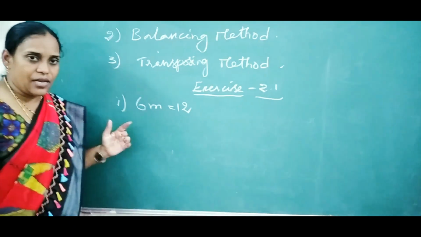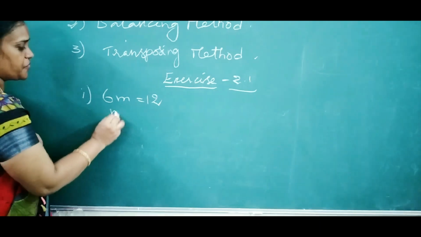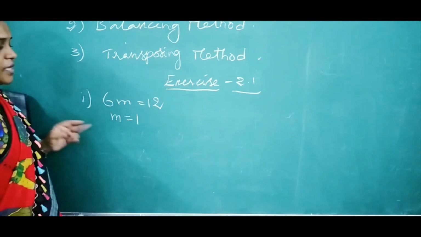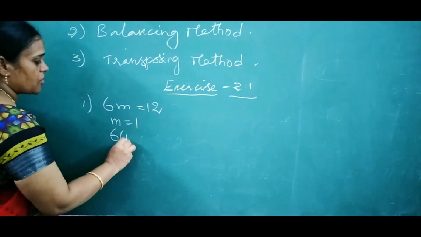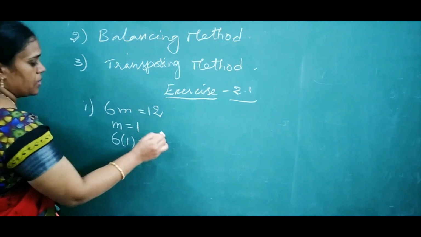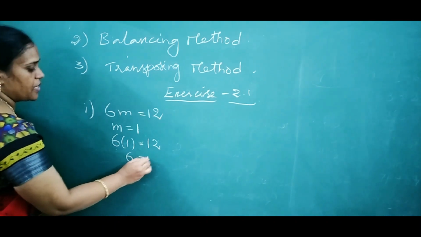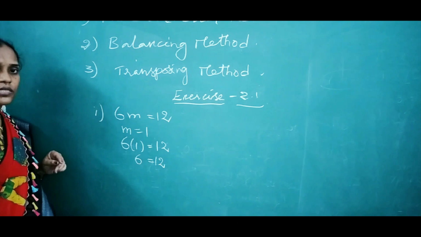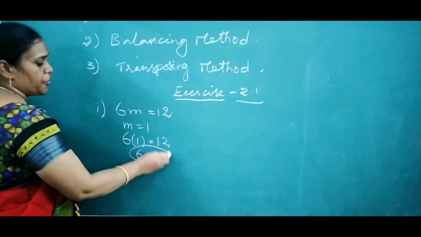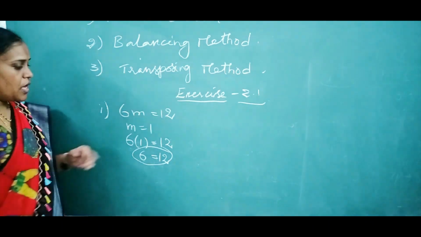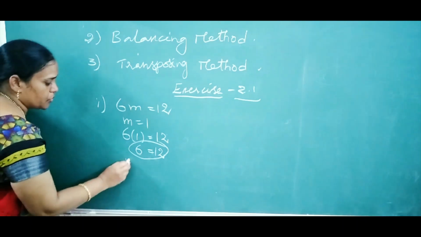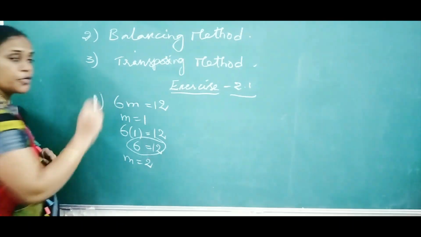So, you have to try one value. If m equals 1, then what do we get? 6 of 1 is equal to 12. 6 ones are 6. Is 6 equal to 12 correct? No, it is not a correct value. Next, we try another value, that is m equal to 2.